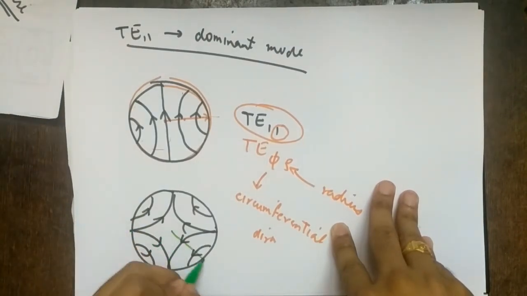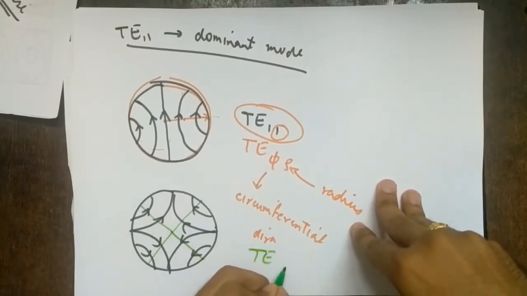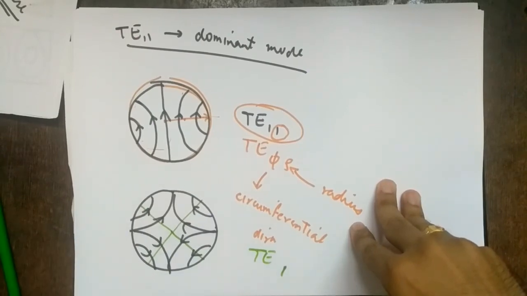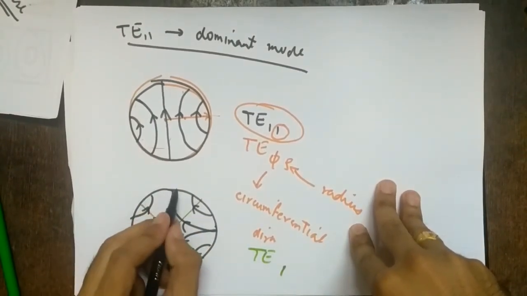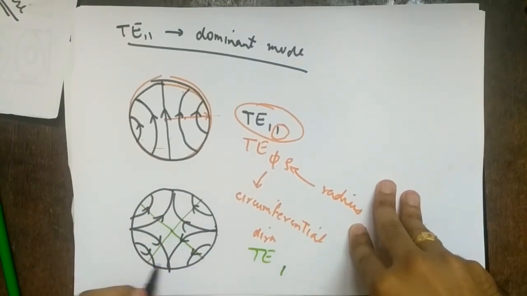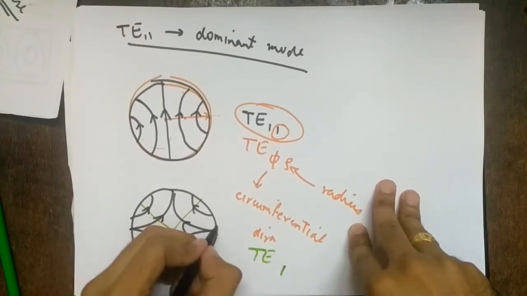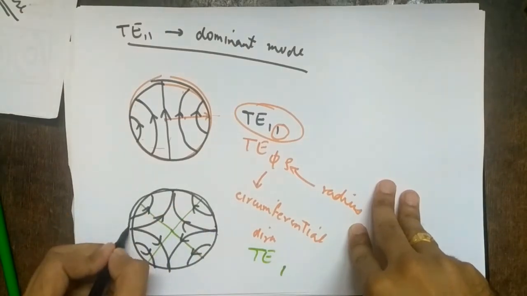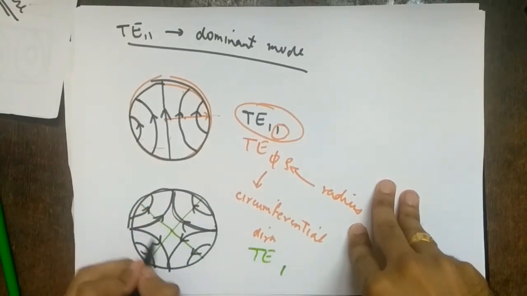Again, along the radial direction there is one half cycle variation, right? What is happening along the circumference? This is coming like this, this is coming like this, and this is coming like this. So there are two half cycle variations, right? Along this, this is the same, and this is the same, right?